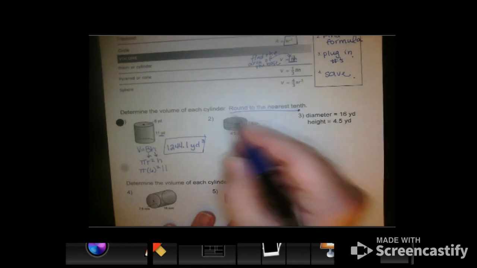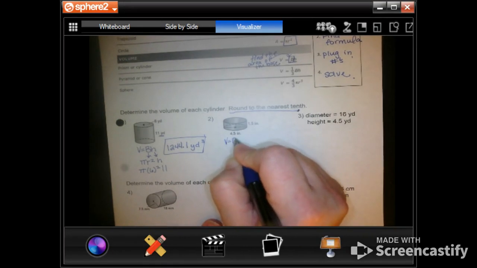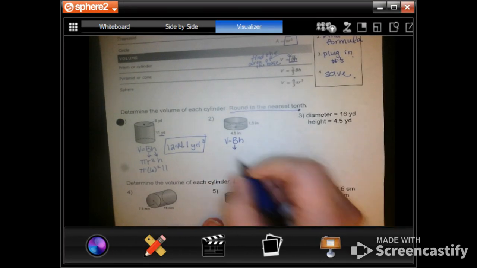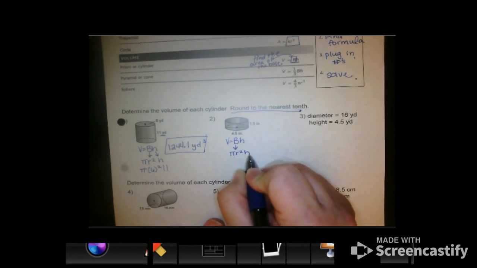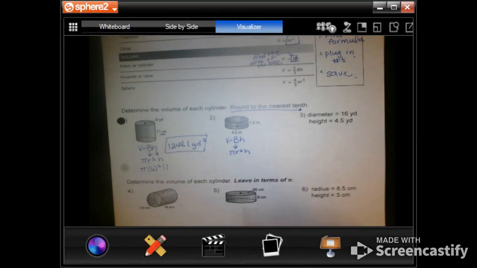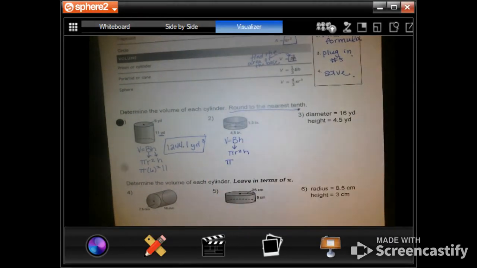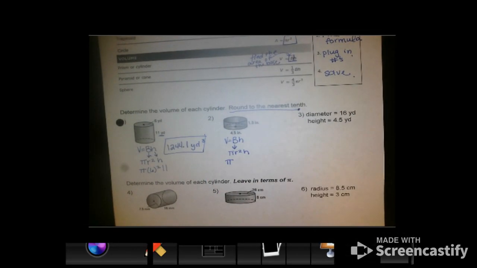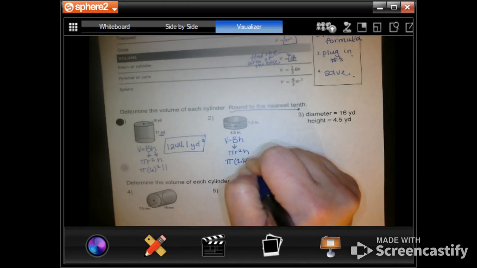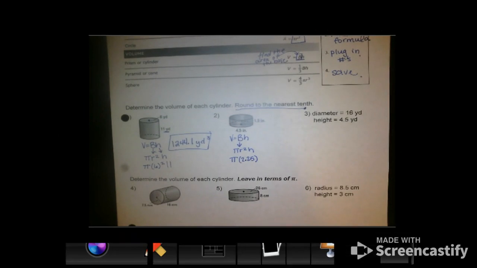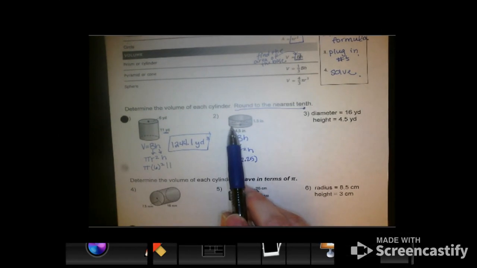So when I plug it in, all right, it's pi r squared times height. What is my radius? It is not 4.5. It is 1.5. No. 2. 2.25. Why is it 2.25? Okay, remember the radius is half.